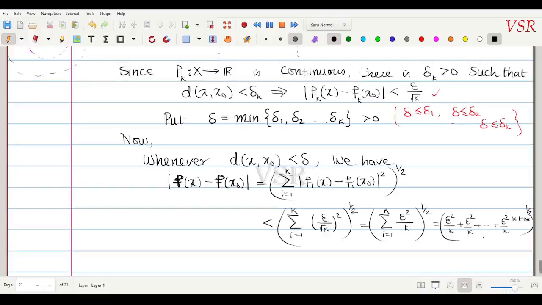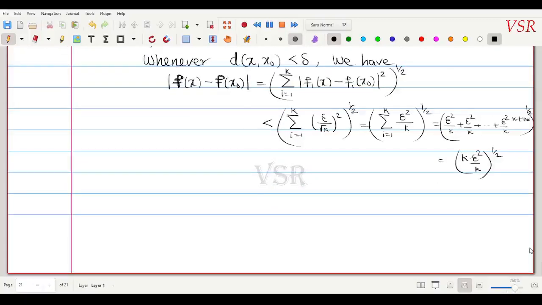You are adding the same constant k times. So this is equal to k times epsilon square divided by k, the whole power 1 by 2. The k cancels, and taking the root of epsilon square, we will have epsilon.